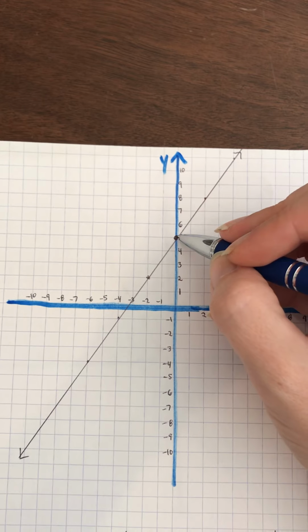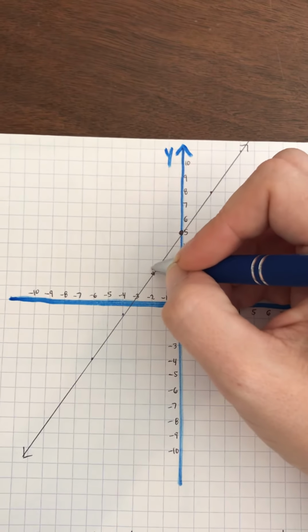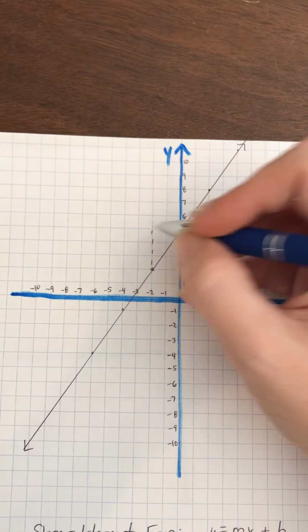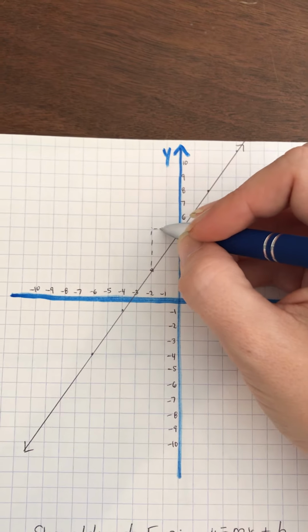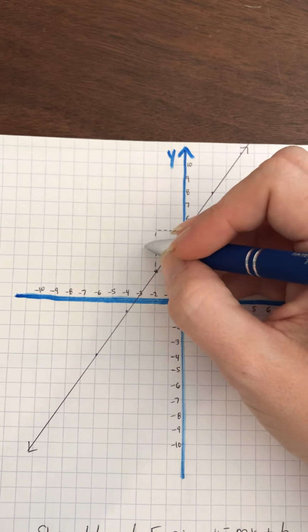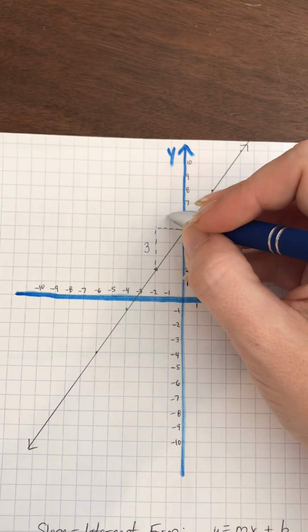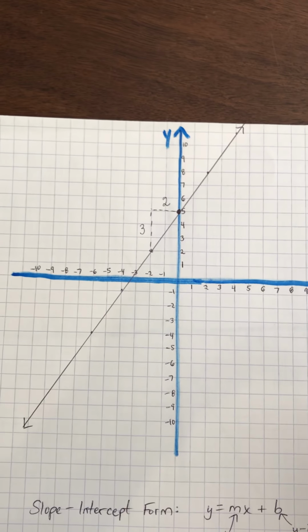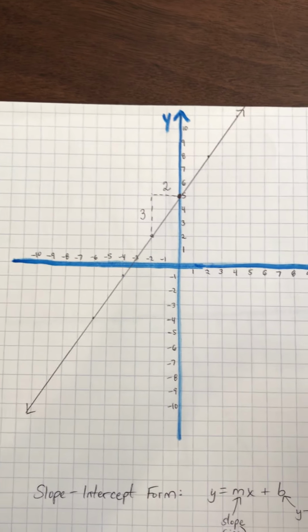Let's say we choose these two. To figure out my rise, I need to go up 3 units, and then I need to go across 2 units. So that's a rise of 3 and a run of 2, and that is going to form our slope.